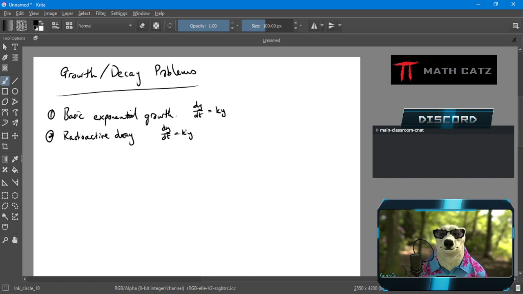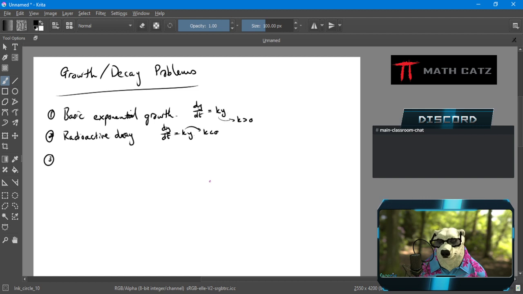K was positive in the growth case, a positive growth constant, and K negative in this case, a negative decay constant. But the rate of change was still proportional to the amount, the population size, the amount left. It had the same look and therefore the same solution process and the same function that we had to analyze to answer our word problems.